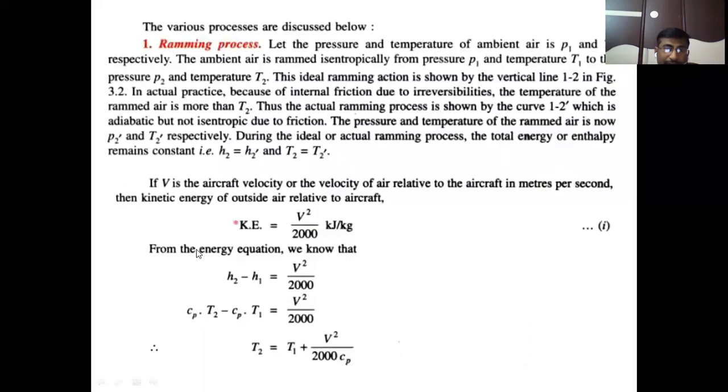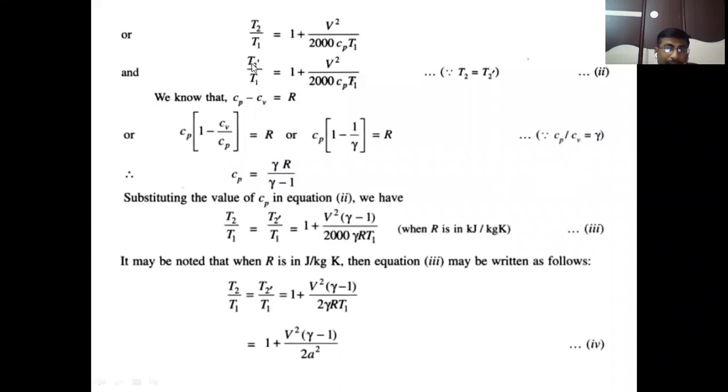From this equation, we can convert into T2 by T1 by taking T1 on the left hand side: T2 by T1 equal to 1 plus V square by 2000 Cp T1, or T2 dash by T1. Here, T2 is equal to T2 dash. Temperature remains constant during the 1-2 process because enthalpy remains constant during isentropic compression or actual compression.